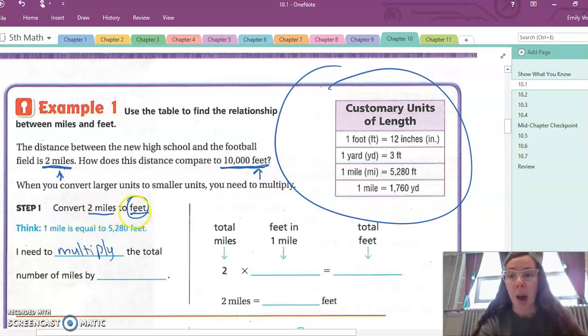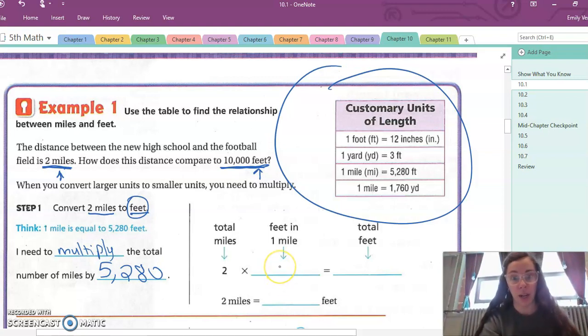I'm converting miles and feet, so I need to find a conversion that matches that. And it looks like it's right here. 1 mile equals 5,280 feet. So I need to multiply the total number of miles by 5,280.